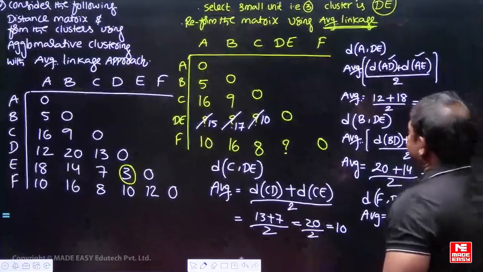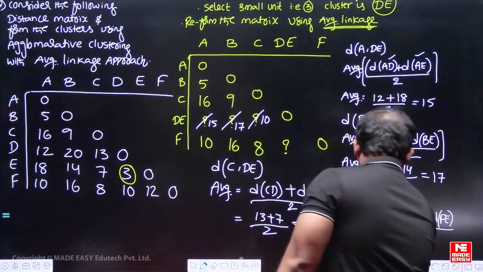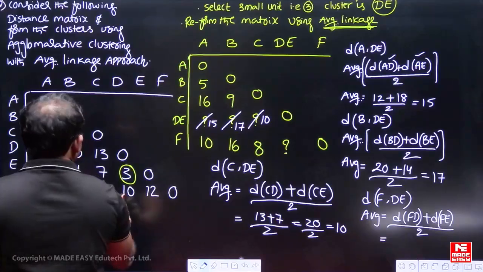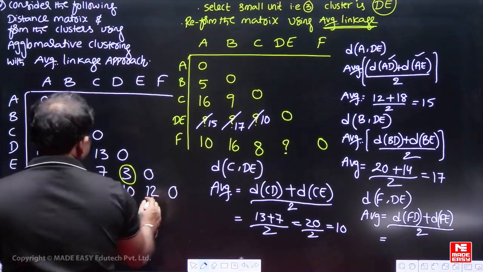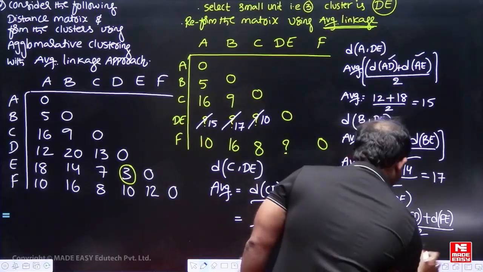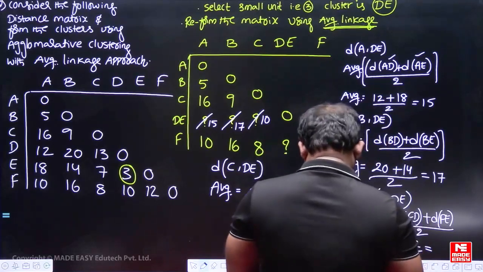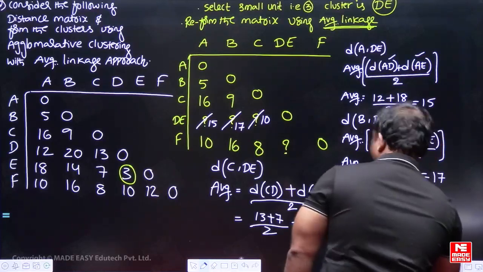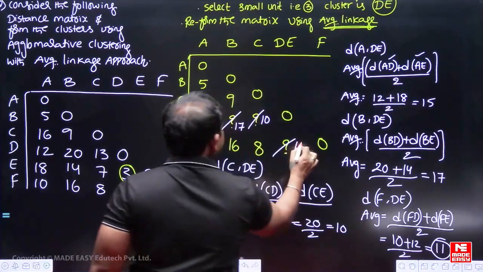FD is 10, FE is 12. 10 plus 12 divided by 2, that is 22 by 2, that is equal to 11. So this is changed to 11.